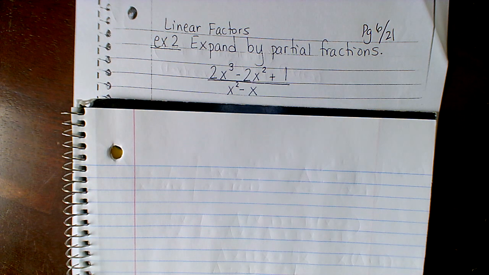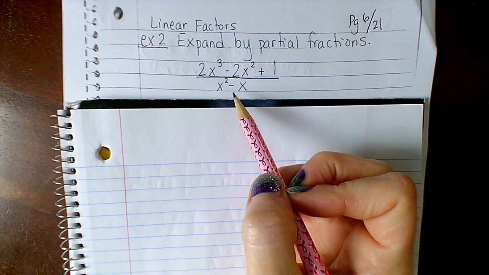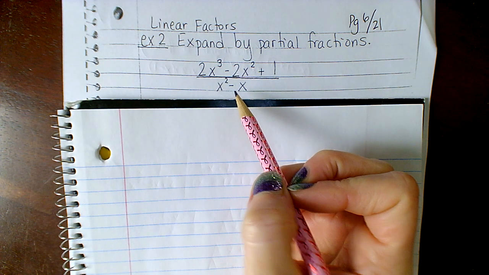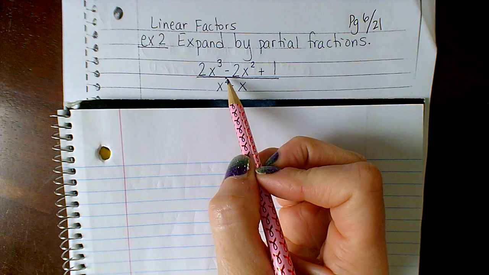This is another one that's going to have linear factors in the denominator. The problem with this one is that this is an improper rational function because the degree of the top, that highest power of x, which is 3, is bigger than the degree of the bottom.